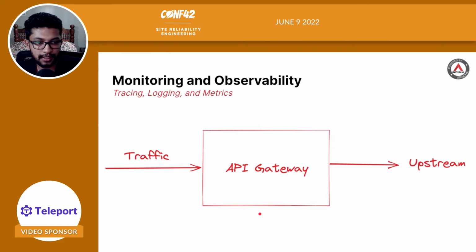So we have our API gateway, and by monitoring, you can monitor your reliability metrics. We talked about some metrics, and setting up a monitoring tool directly on your API gateway means you can monitor all of your traffic for your reliability metrics.